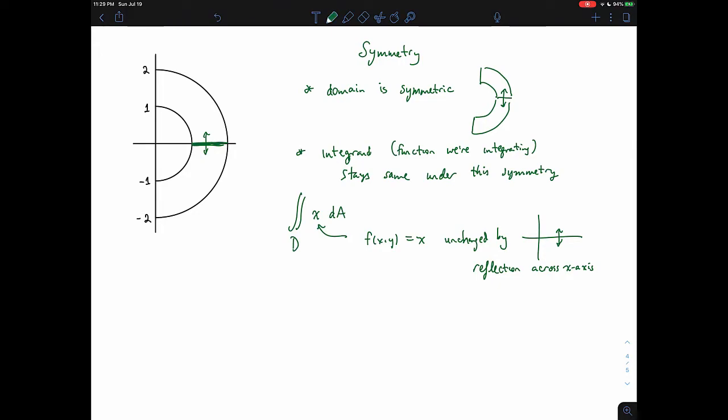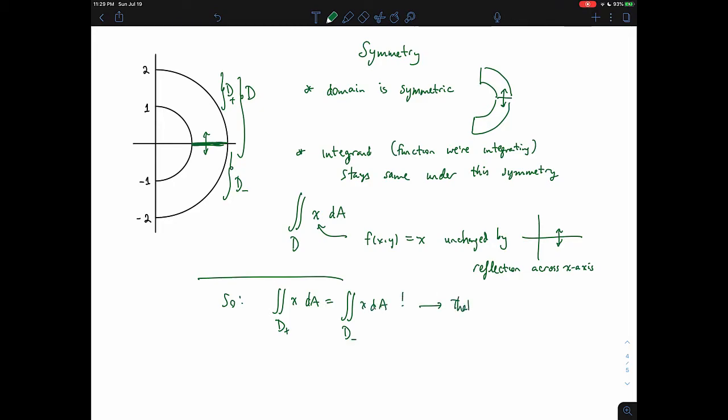So what that means is, instead of this overall domain D that we've been looking at, we can split it into these two parts, and let's call them D plus and D minus, say. So our upshot is that the integral for D plus is the same as the integral for D minus.